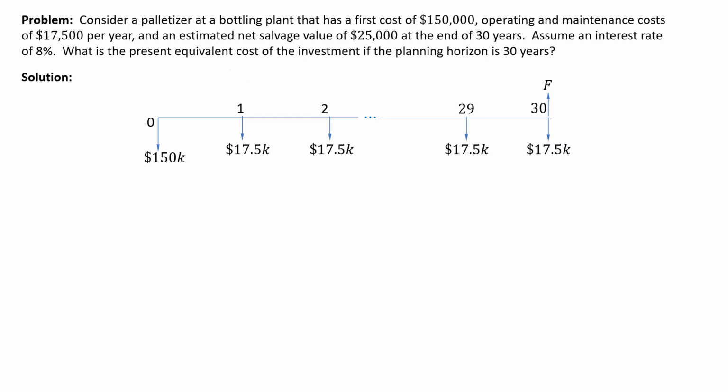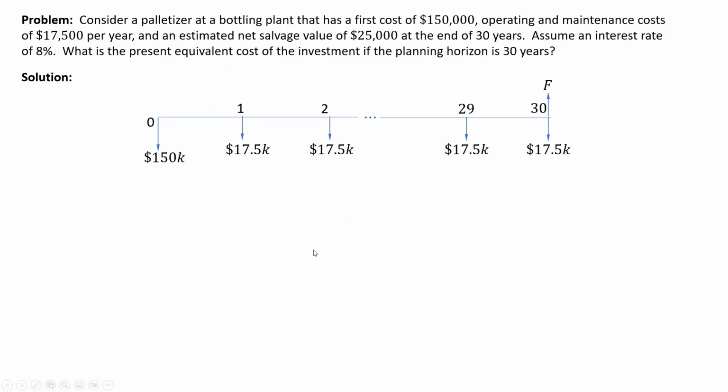So let's see. Would this diagram explain what's going on? 150K initial investment, and then every year there is 17.5K operating and maintenance costs, and finally there is a positive 25,000. F in this case is 25,000.